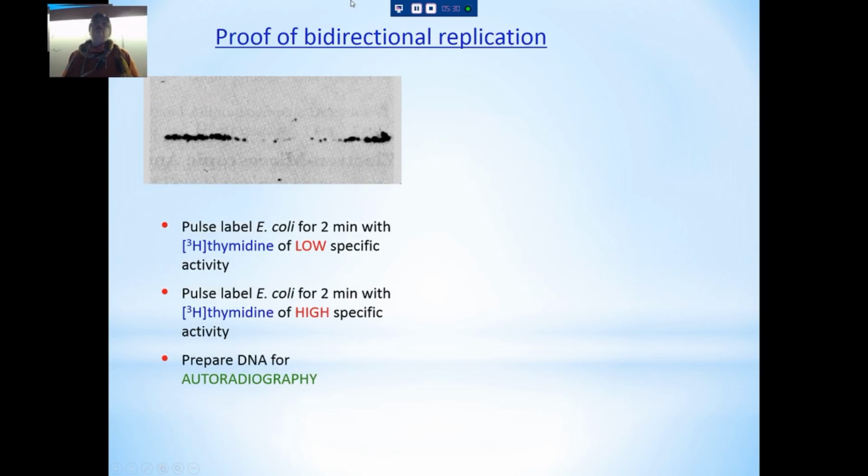If we label E. coli that is being grown for 2 minutes with a low activity thymidine, and then follow that for 2 minutes with a high activity tritiated thymidine, and we examine that whole chromosomal molecule, if you spread that molecule out, you can see, if there was the origin of replication, we have weak signal incorporated and then strong signal incorporated into the new DNA, and that is demonstrable proof that DNA replication is going this direction and this direction because of the pattern of incorporation of the low activity tritiated thymidine and the high activity tritiated thymidine.